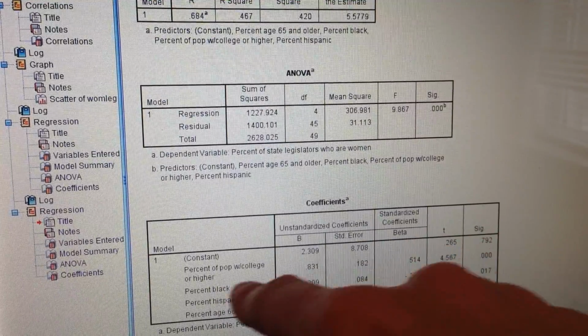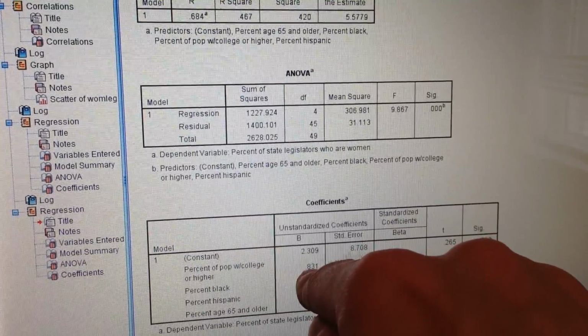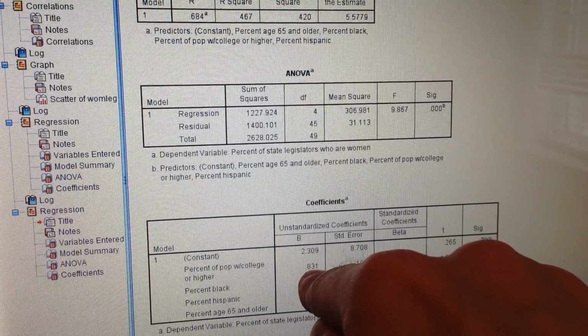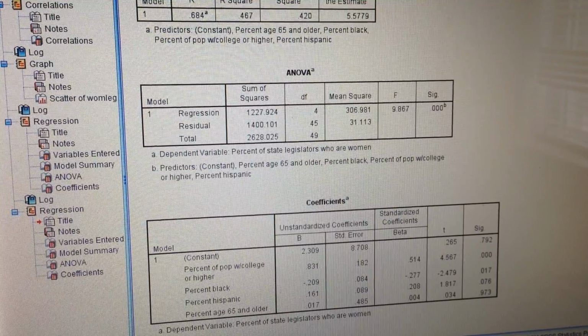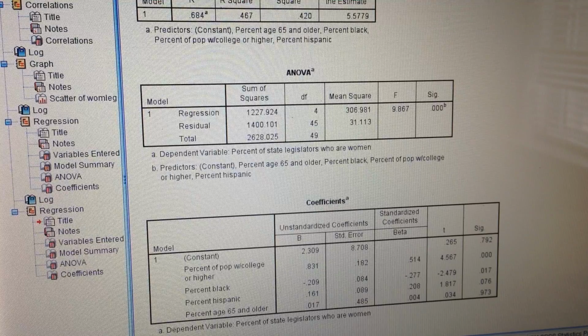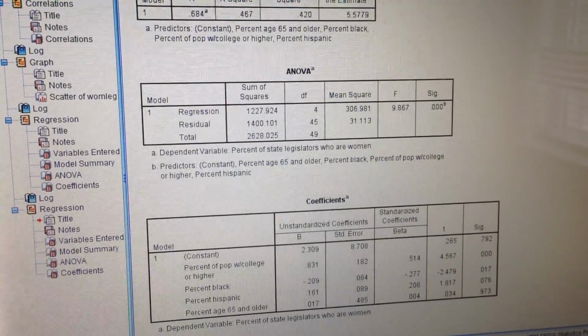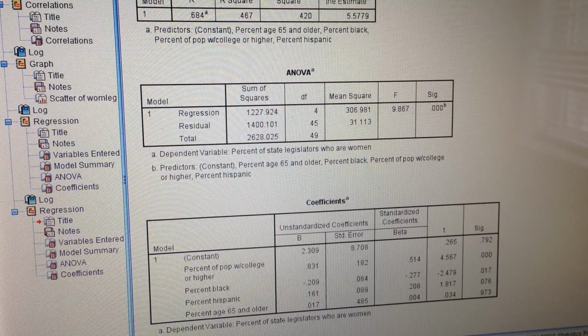In other words, because all of these are controlled, we're much more sure that this is the independent causal effect on the dependent variable. What's neat about regression analysis is because you are starting to institute some controls, you are able to make some strong claims about causality. What's also neat about it is that SPSS calculates the independent effect of all of these variables.